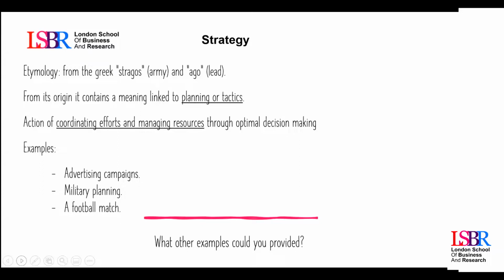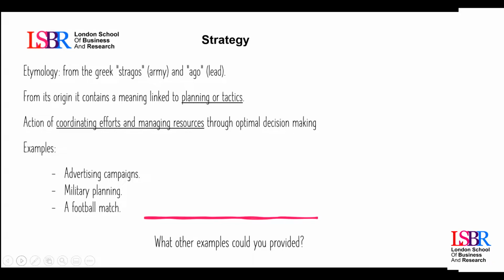The term strategy is created from 2 different words. These words come from the Greek: stratos, that means army, and ago means lead. So implicitly, strategy means planning or tactics.